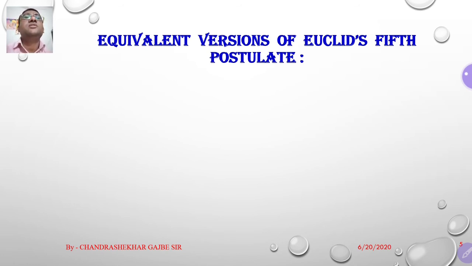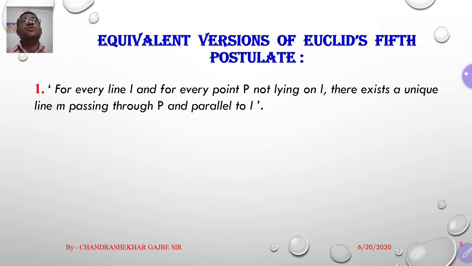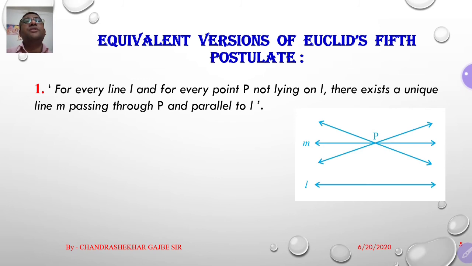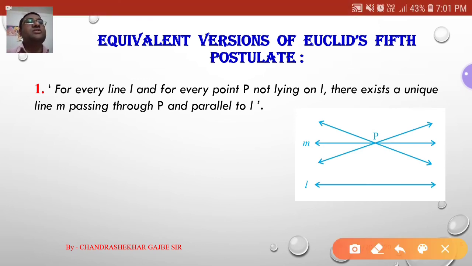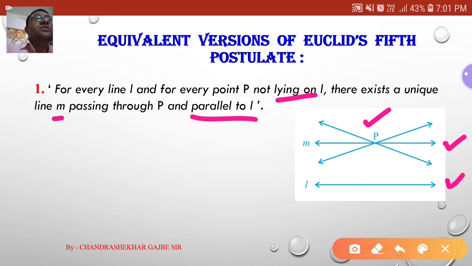For that fifth postulate we are taking an equivalent version here. The first equivalent version is: for every line L and for every point P not lying on L, there exists a unique line M passing through point P and parallel to line L. That means there is only one line which is parallel to line L and passing through point P, and any other line will intersect line L. This is the equivalent version of Euclid's fifth postulate.